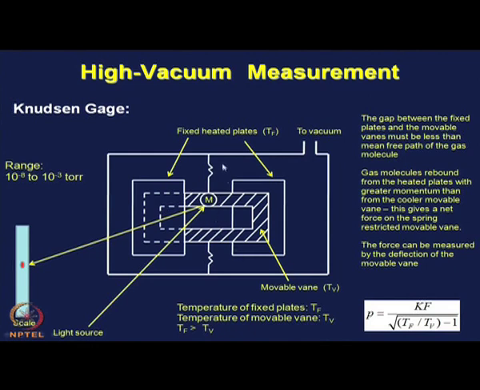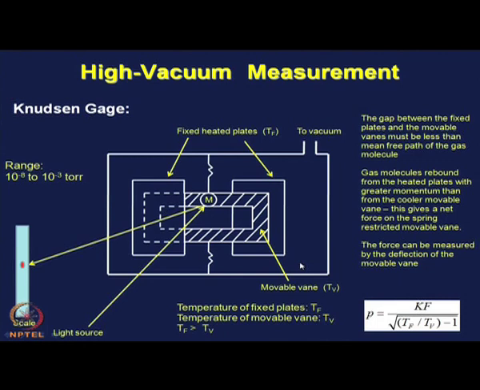This movable vane is spring restricted, and we have a mirror on the movable vane. Now, this is connected to vacuum. The movable vane temperature should also be known. Let us say the movable vane temperature is Tv, the heated plate temperature is Tf, and Tf is of course higher than Tv.